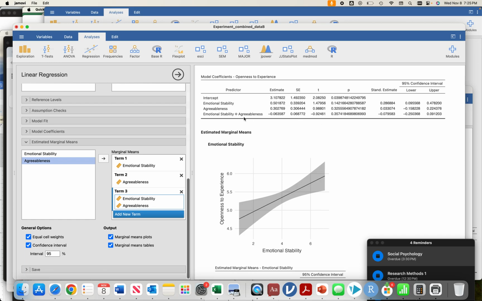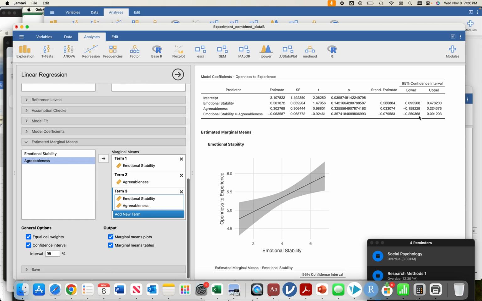And finally, for the interaction, this is a non-significant result, so it's inconclusive. The standardized estimate is really small, but in order to understand what's going on here, we have to look down at the interaction graph below, but we'll see that in a second. The 95% confidence interval is between negative small and positive small.